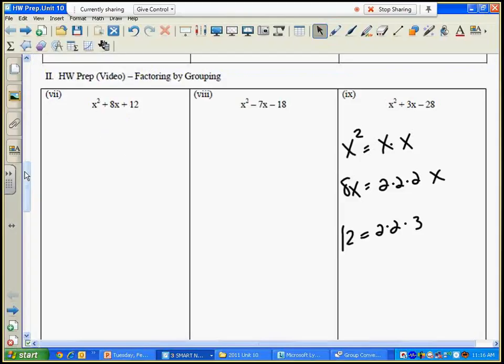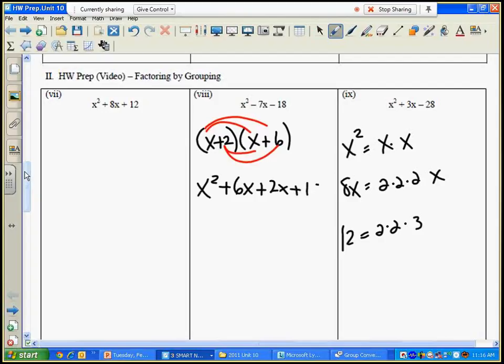Well, I can actually tell you what the factors are. Don't write this down either. Just think about it. The way that we factor this would be x plus 2 times x plus 6, and I'll prove it to you. If I do the distributive method and multiply these 2 things together, I end up with x squared plus 6x plus 2x plus 12.